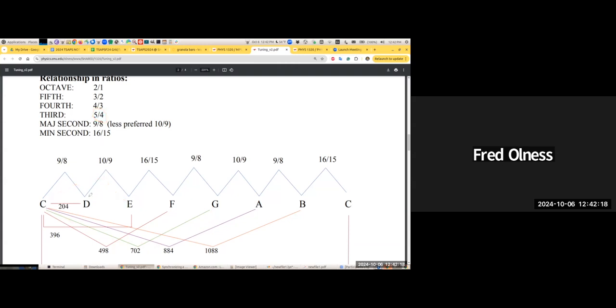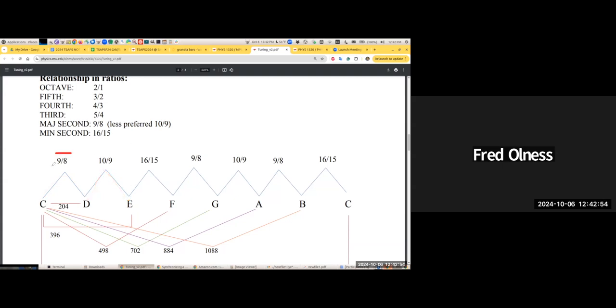And to do that, there are a number of ways to approach this, but what we're going to do in the just system is keep the ideal 9-8 going from C to D. But how do we get from D to E? If C to D is determined to be 9-8, and this is determined to be 5-4, it turns out, and this is the type of thing I will ask you to work out, that D to E is 10-9, not 9-8.